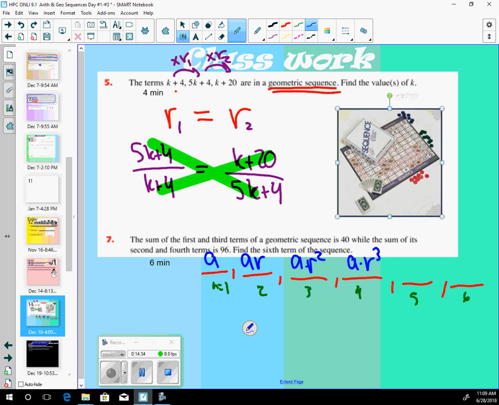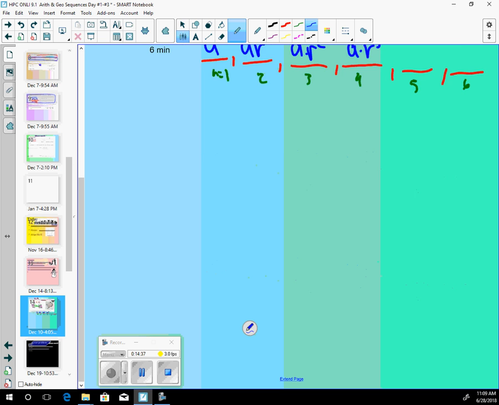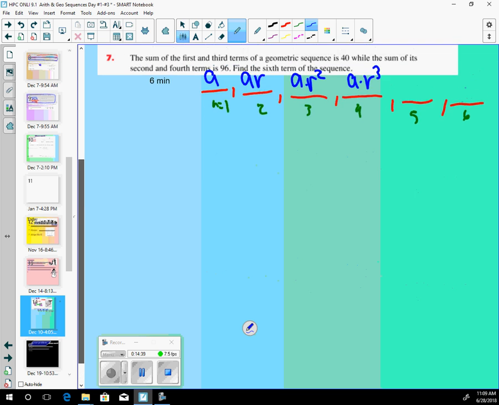So if you take A plus AR squared, it should be 40. And the second and fourth are 96. So AR plus AR cubed should be equal to 96.